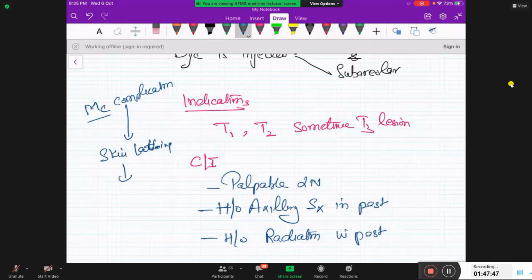If not in your choices, then it is intercostobrachial nerve injury.